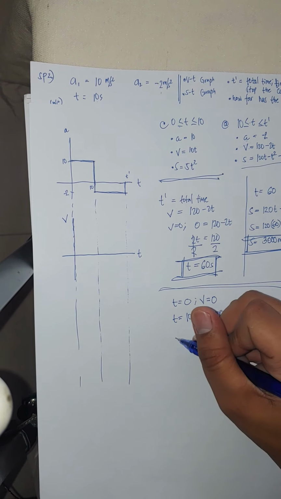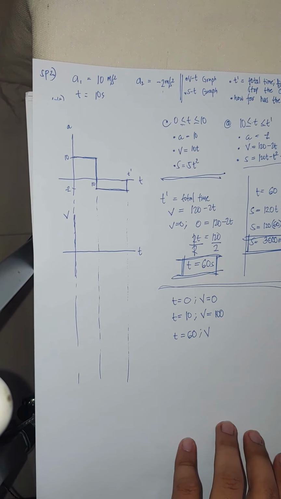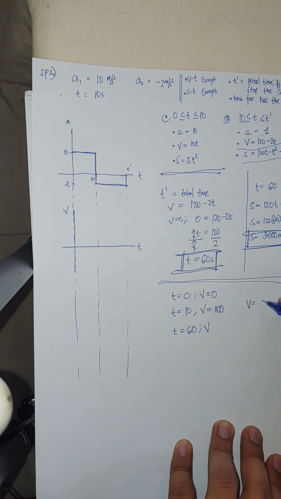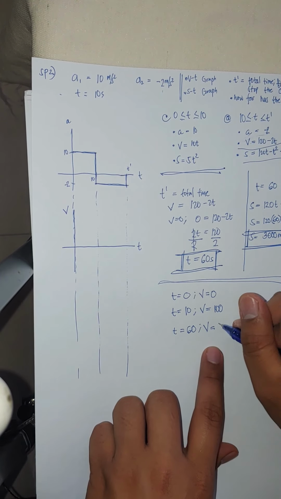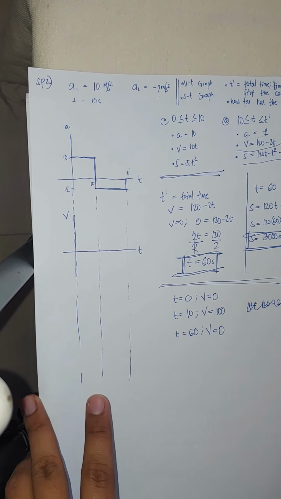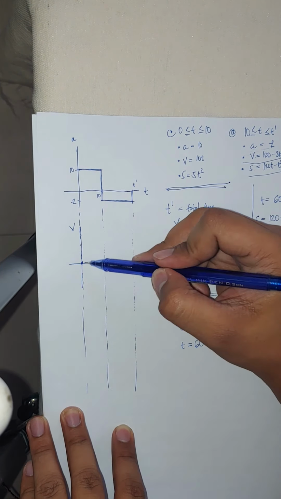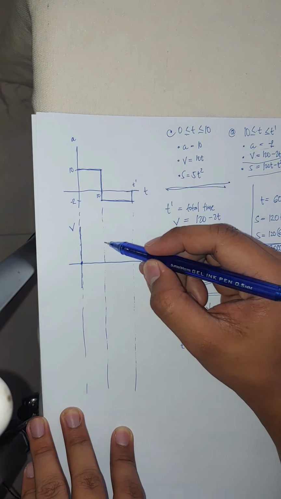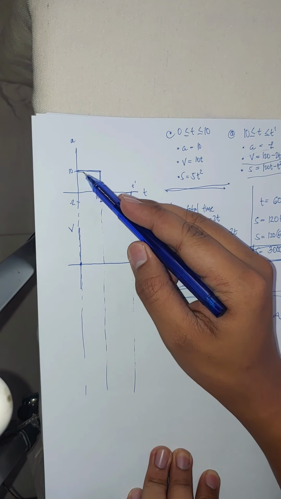And then how about at time is equal to 60 seconds? Pila tong velocity? So ato siya i-solve from the velocity equation. Our velocity is equal to 120 minus 2 times 60. Okay, at time is equal to 60 seconds, our velocity nihunong naman siya, that is 0. Okay, so let's graph. So this is 0. At time is equal to 0, velocity is 0. And then at time equals to 10 seconds, velocity is 100. So unsay graph ani?